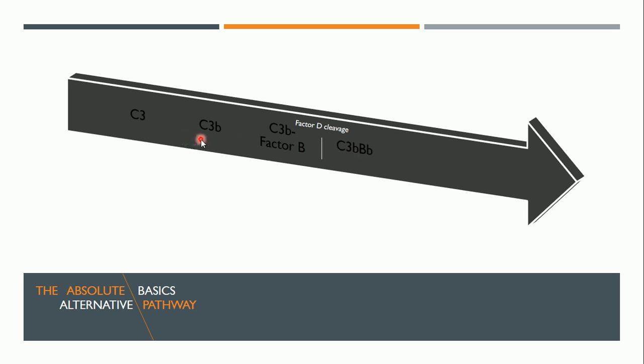Also, the C3b is going to come over to C3b, Bb, forming C3b, Bb, C3b, which is going to convert C5 and start our membrane attack complex. So it's going to convert it to C5b.